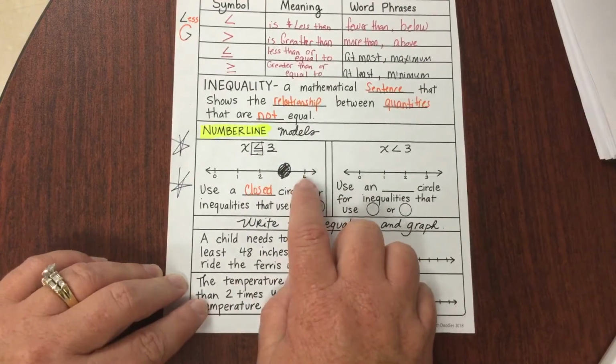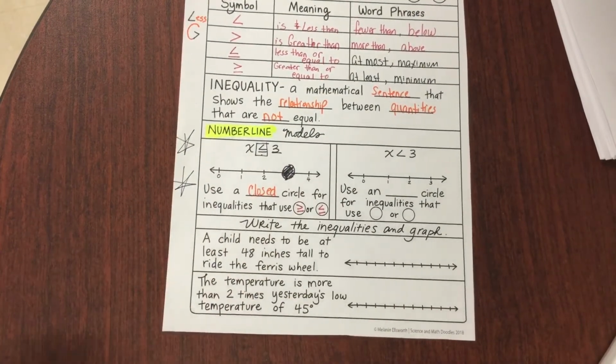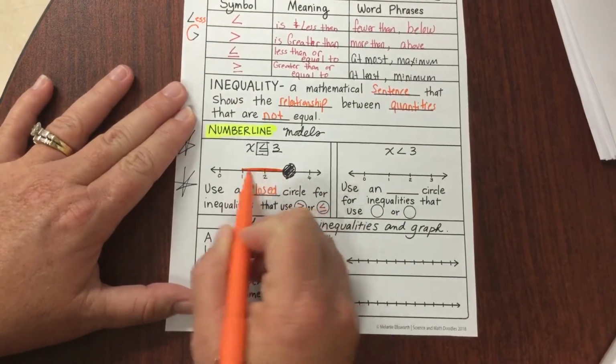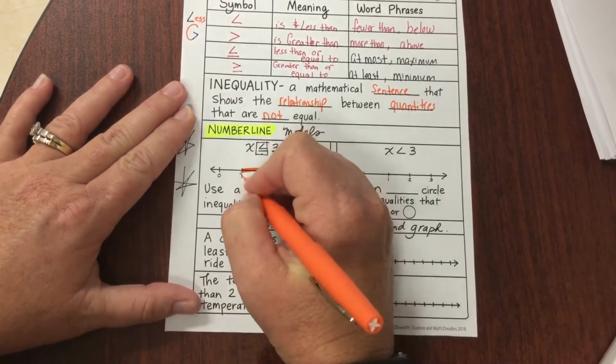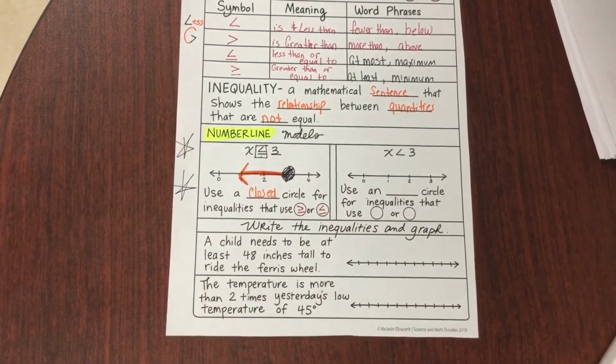What about if I plug in a 4? No. So when I draw my arrow, it's going to say all of these numbers to the left are included. That is me modeling x is less than or equal to 3. So you should be shading in that arrow.